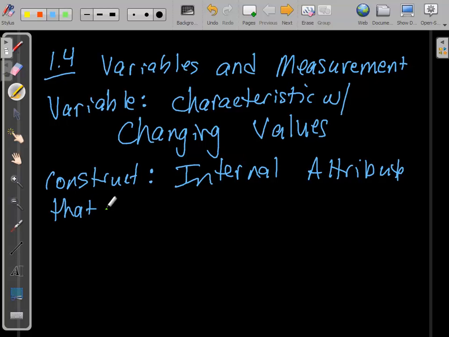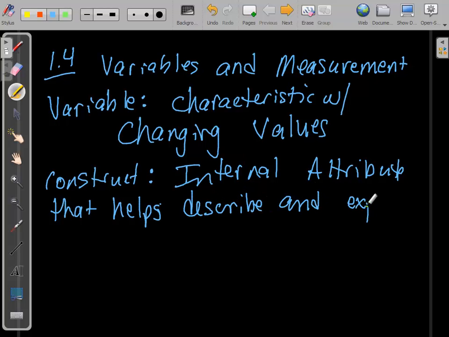So I'll say that helps describe and explain behavior. The trick is that constructs are difficult to measure. So how would you measure pain, or how would you measure intelligence in a meaningful way, since the way we measure it might be influencing the results?